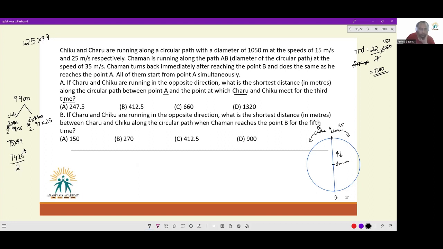Divided by 2, and here 125 into 100 is 12500, 12375. 12375 divided by 2. This gives me 3712.5.